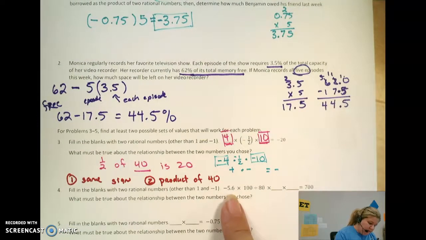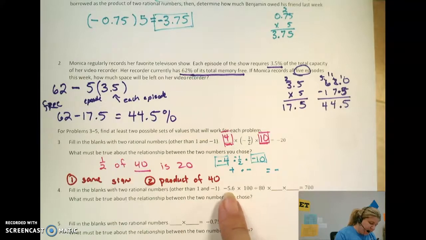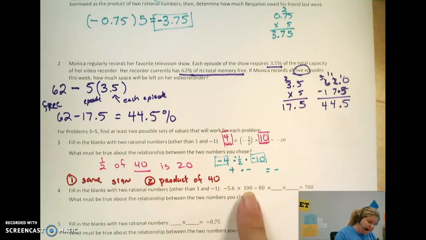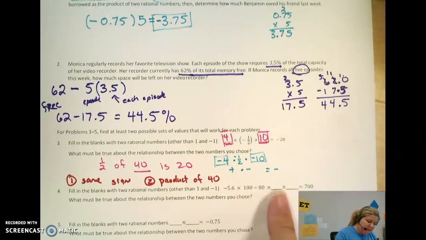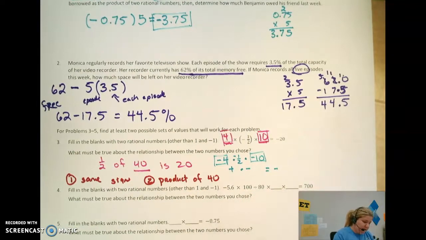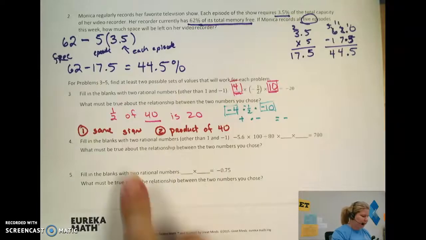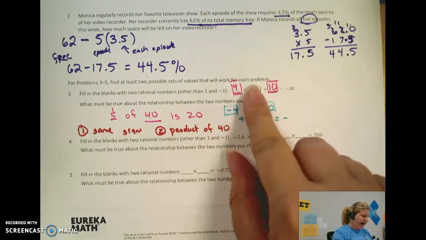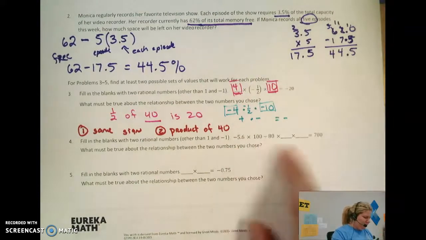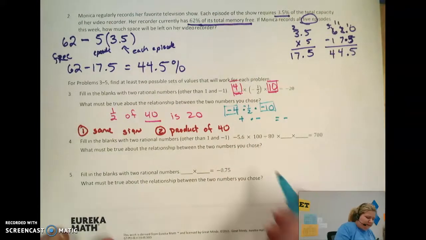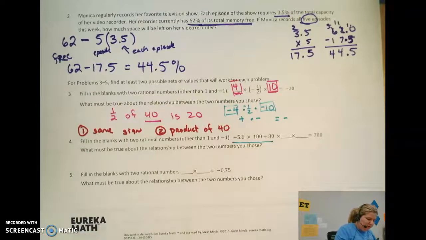Wow, this is a lot. Negative 5.6 times 100 divided by 80 times what equals 700. Okay, so when I start here, I need to think about some things. In the previous question, we had something to start with. Our first step here is going to be to simplify this and see what one number that is.